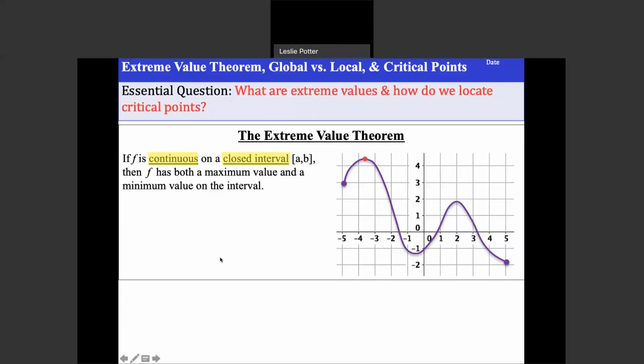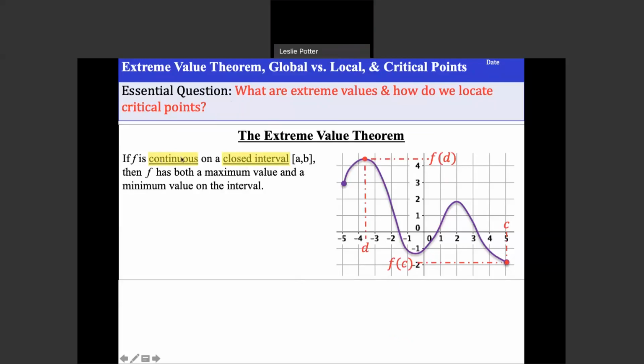So basically it's saying this: if we go from a to b and draw that function out with your pencil, then that function is going to have a maximum somewhere and a minimum somewhere. It's going to have a biggest value, f of d in this case, and a littlest value, f of c. And that's a guarantee. Again, the hypothesis has to be true.